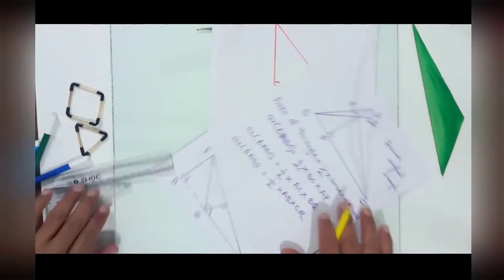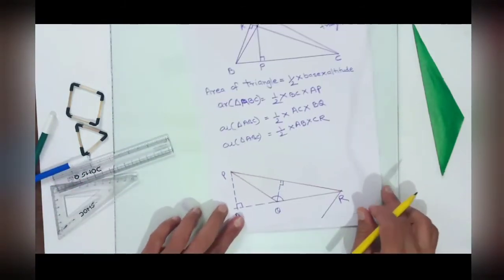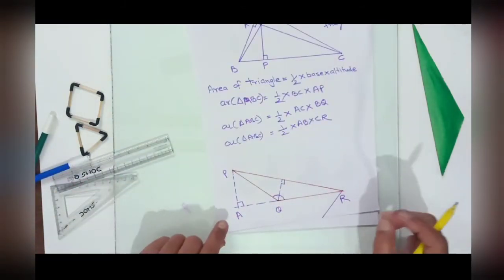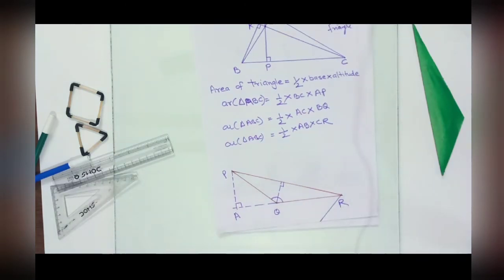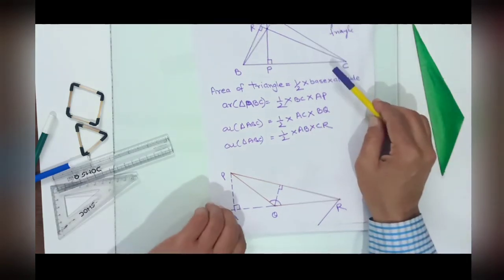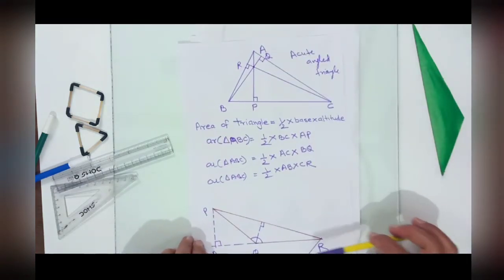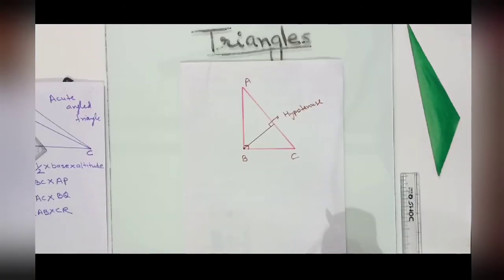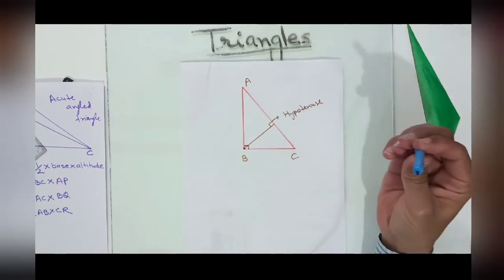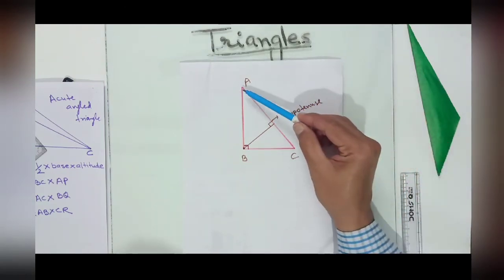So it must be clear that the altitude may lie within the triangle or it may lie in the exterior of the triangle, and it is dependent on whether the triangle is an acute angle triangle or an obtuse angled triangle. In case of a right triangle, we can observe that the two perpendiculars lie along two sides.